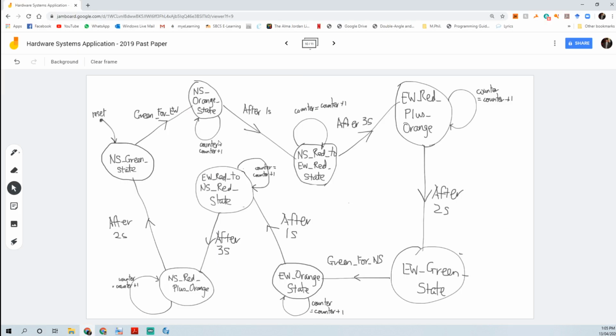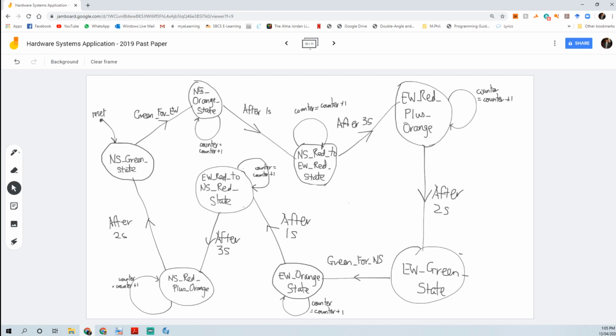Well, when do I want to increment my count? I want to increment my count when I'm in north-south orange, when I'm in north-south to east-west red, when I'm in east-west red plus amber, when I'm in east-west amber, when I'm in east-west to north-south red, and when I am in north-south red plus orange.